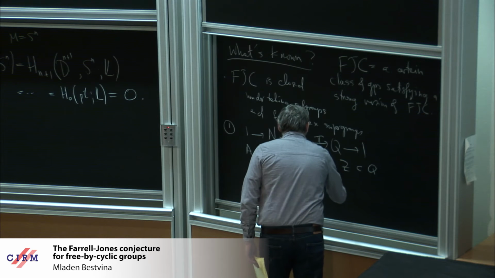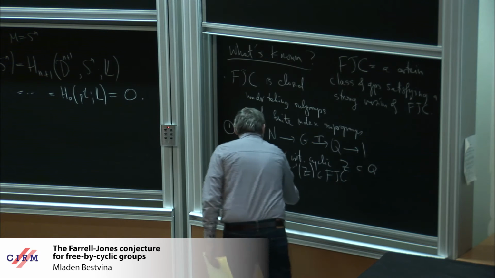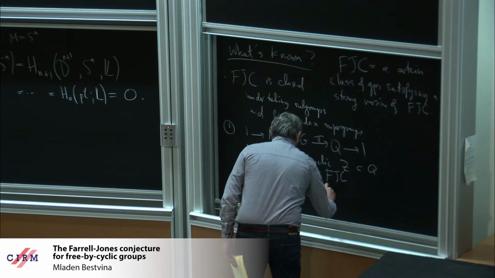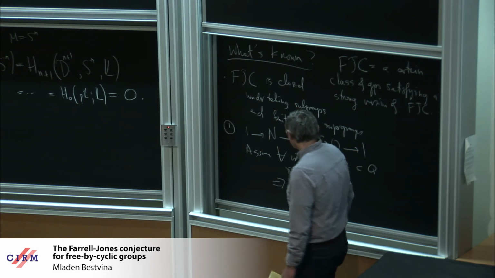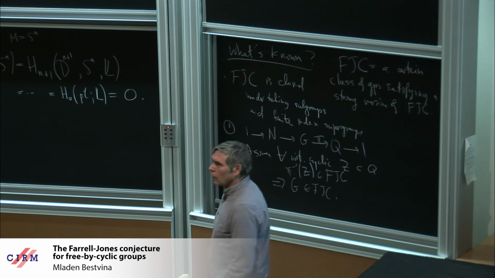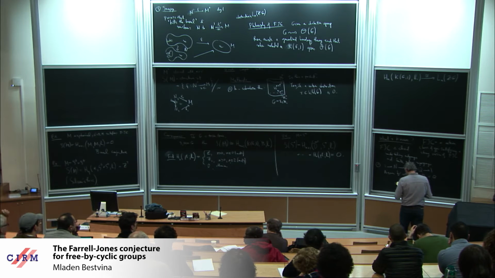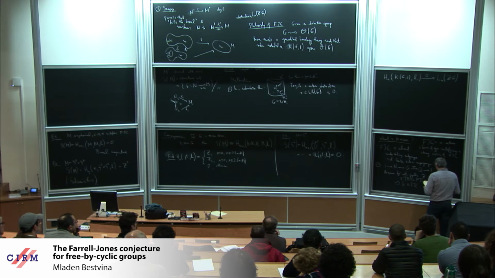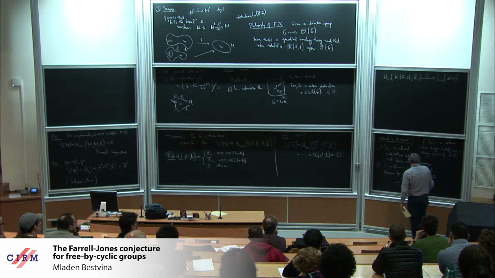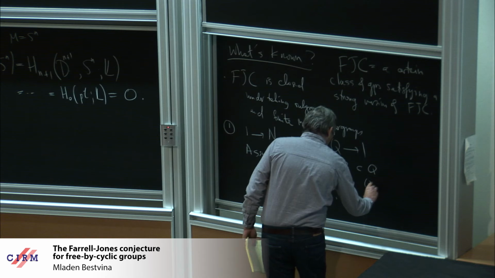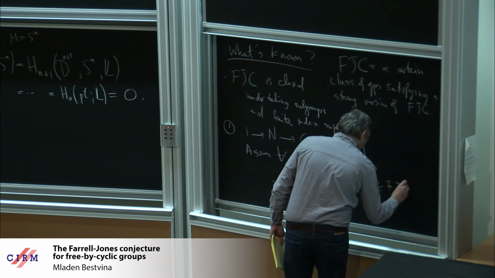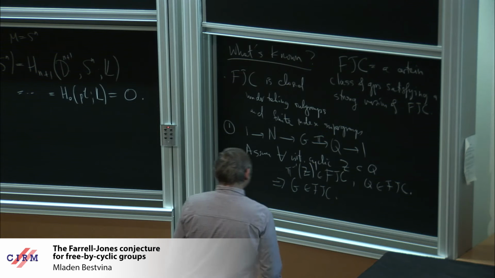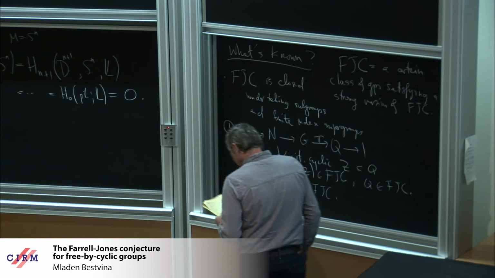Then G is also in FJC. You have to assume Q is what? Yeah, I do want to assume it for Q, yes. Q is in FJC. Otherwise, pi could be an isomorphism.